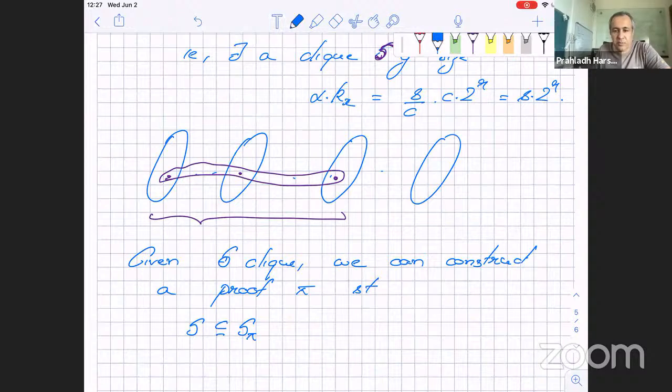Are people with me in this? Because they are consistent with each other, I can globally give this assignment, and if it doesn't talk about some variables, I could just extend them arbitrarily.